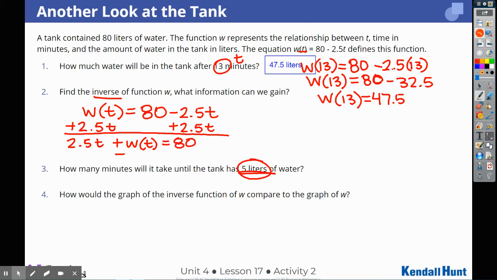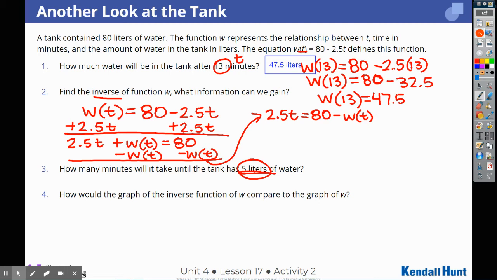And so then I need to subtract W of t to move it to the other side for both sides. So when I do that, I now have 2.5 t equals 80 minus W of t. Okay, and we're almost done.